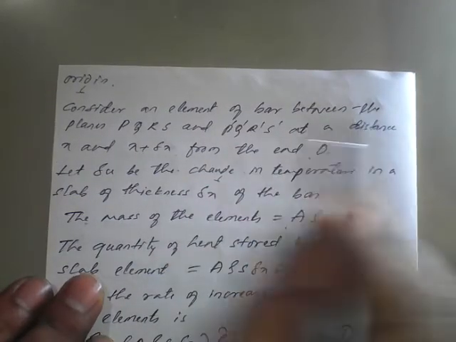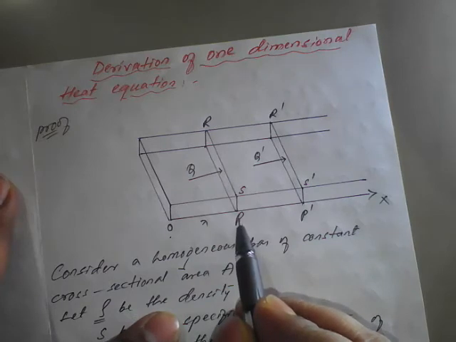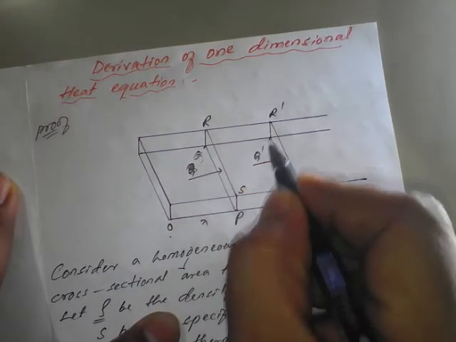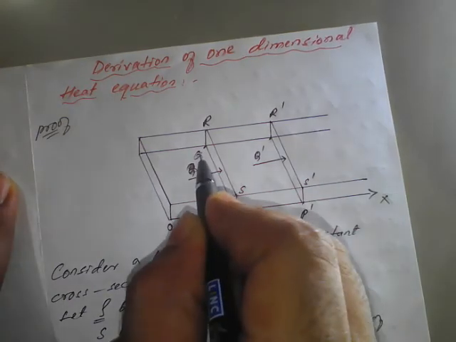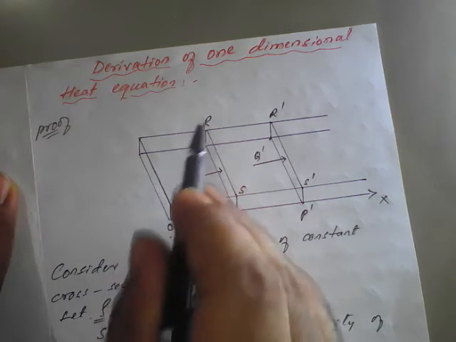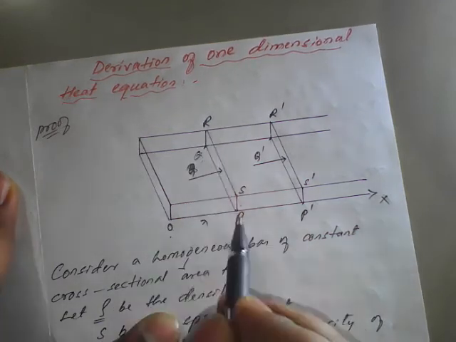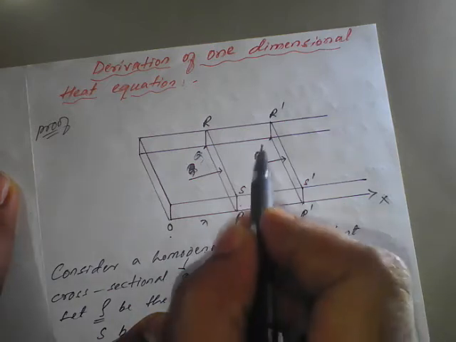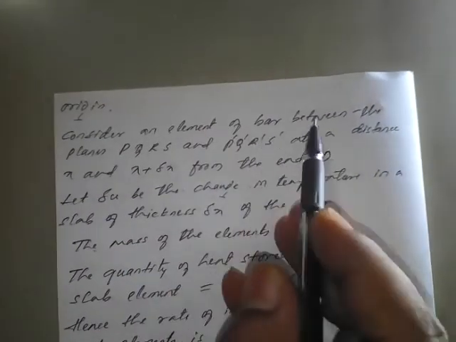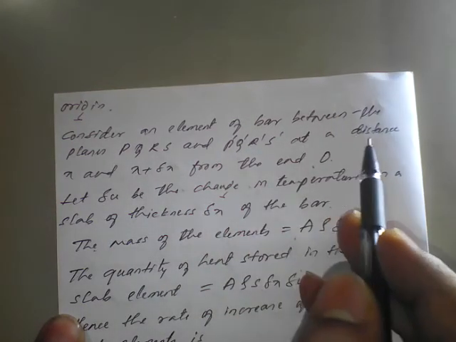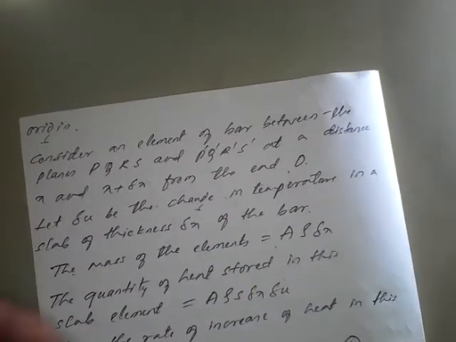Consider an element of the bar between the planes P, Q, R, S and P dash, Q dash, R dash, S dash, at distances x and x plus delta x from the end O. These are the two distances maintained.